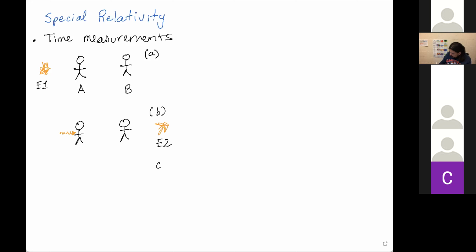And then we're gonna have a third instance, let's call it C. We have our two observers here, A and B. And the light of event 1 is reaching B at the same time as the light of event 2 is reaching B. All right, any questions about that setting at this point?